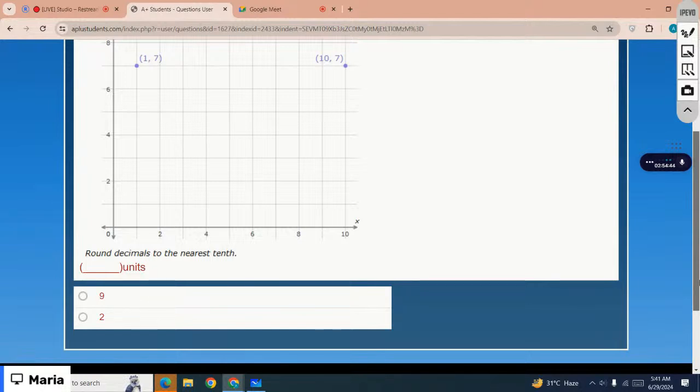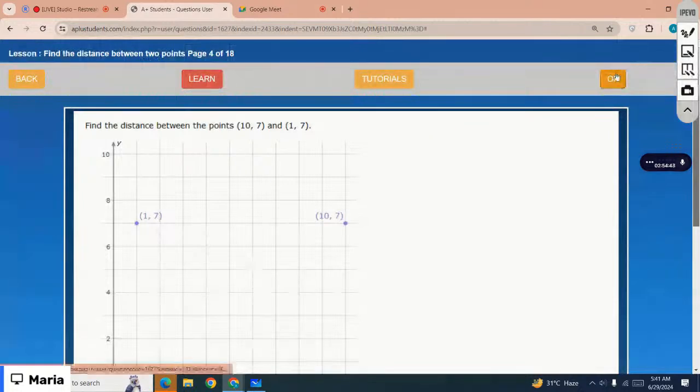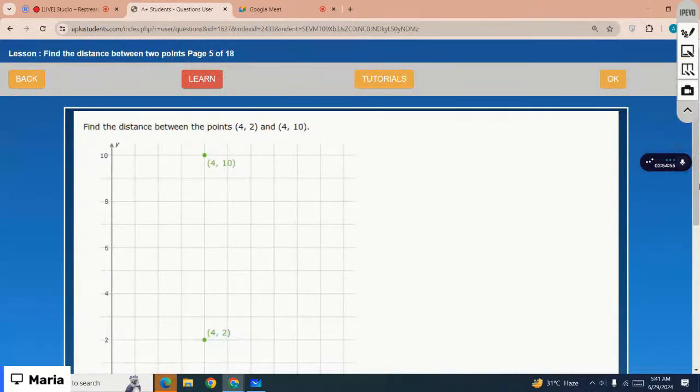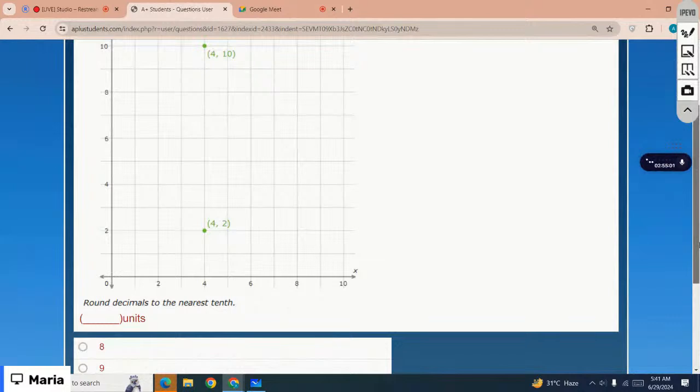Option number 1 is the correct option. Find the distance between the points (4, 2) and (4, 10). The correct option is 8. Option number 1 is the correct option.